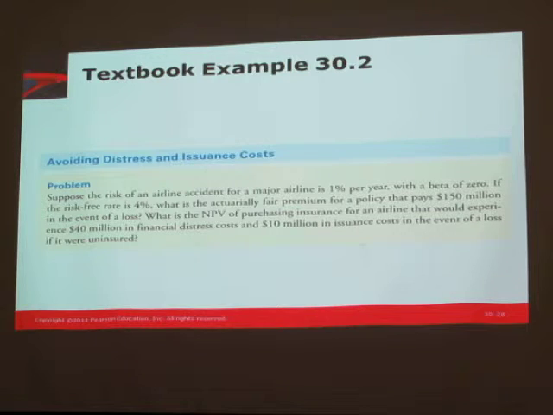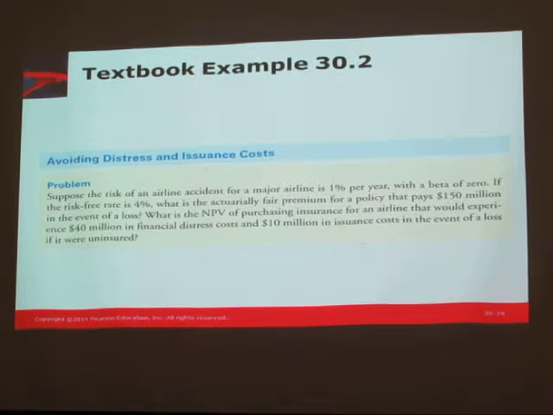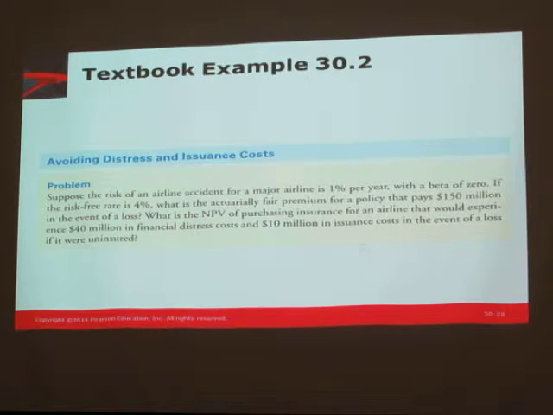Now it's saying, what would happen if I would have 40 million in distress and 20 million. Huh. So how do we figure this out?